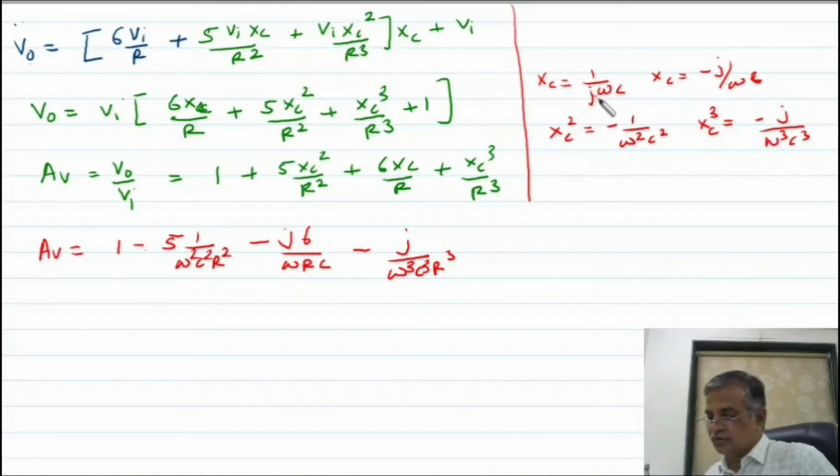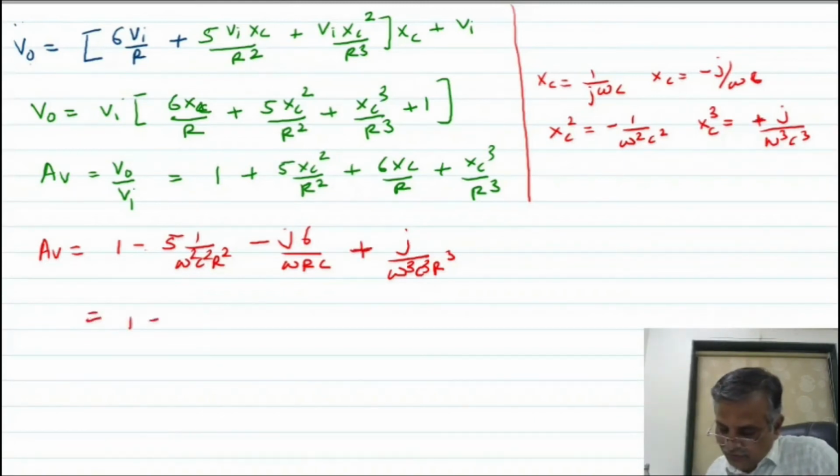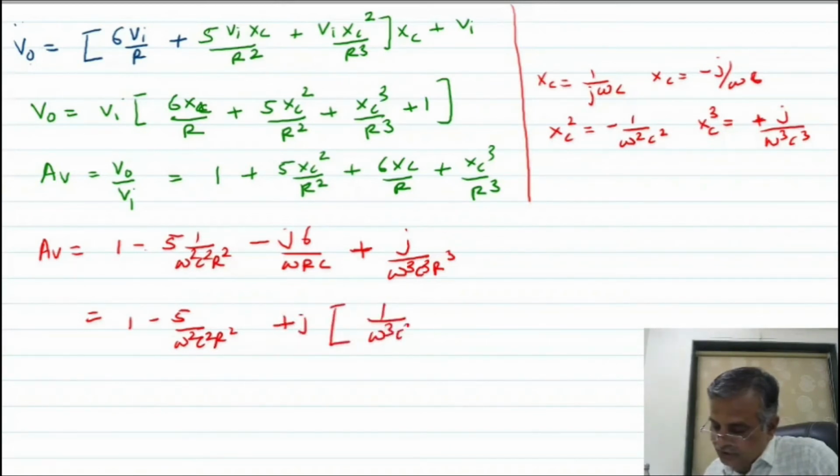So you will get plus j here. So I can write 1 minus 5 upon omega square c square r square, plus j, taking common, 1 upon omega cube c cube r cube minus 6 upon omega rc.